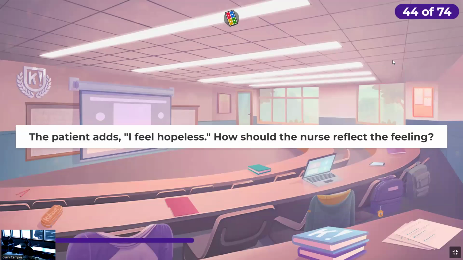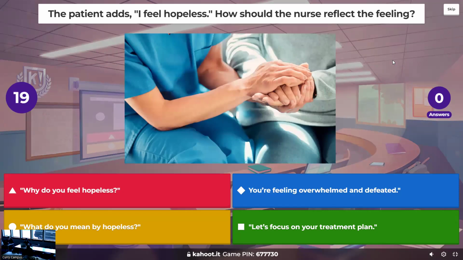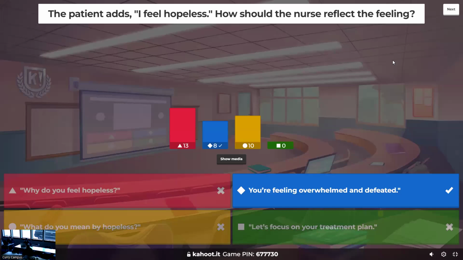The patient adds, I feel hopeless. How should the nurse reflect the feelings? And the yellow is, what do you mean by hopeless? You're feeling overwhelmed and defeated.